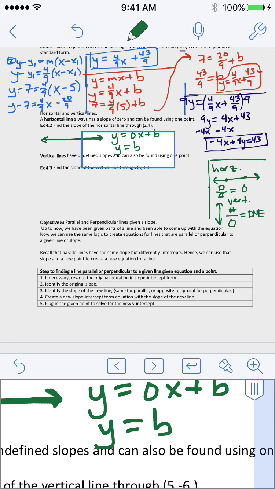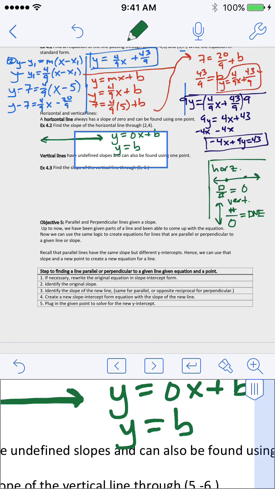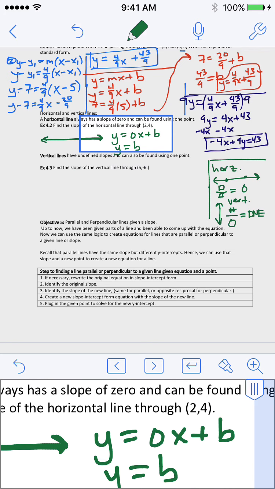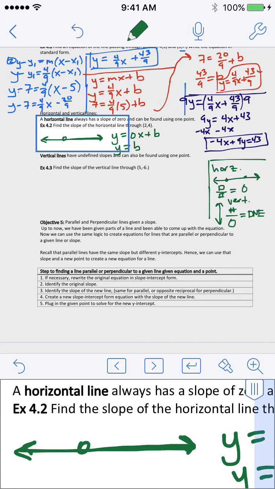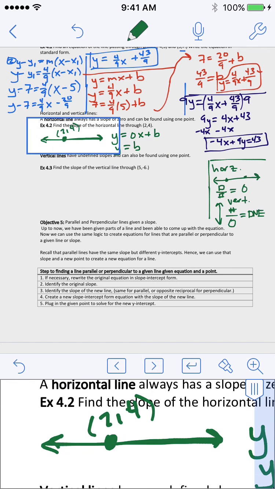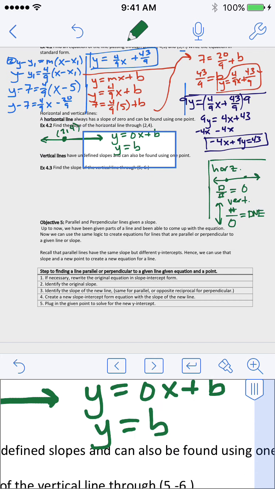Now, what would this b be? It could be the y-intercept, right? It's definitely the y-intercept, still definitely the same thing. But there's an easier way to think about it. Let's take a look at that point again. At some point, this line is going to hit the coordinate (2, 4). And so in order for this equation to go through that point, what does the y need to be?